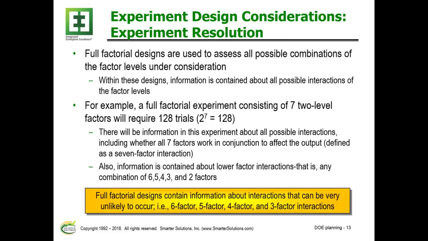Full factorial designs are used to assess all possible combinations. Information is contained about all possible interactions. For a full factorial, for example, with 7 factors, we would have 2 to the 7th, that's 128 trials. But in reality, all these factors and interactions wouldn't be significant.